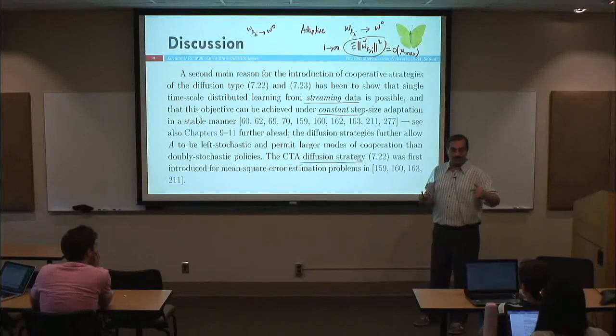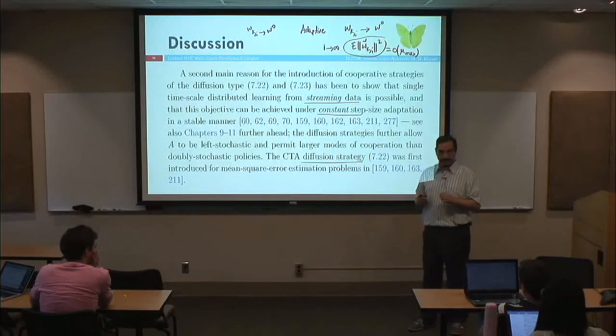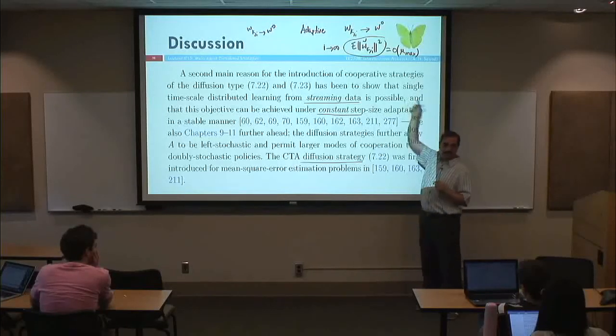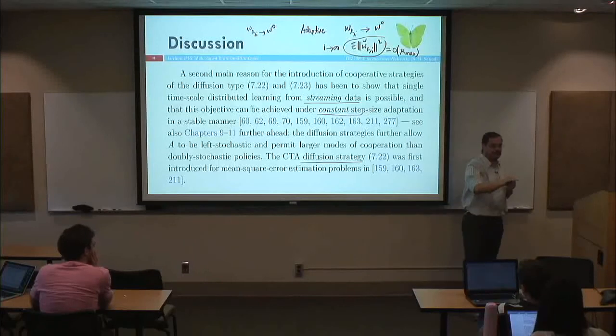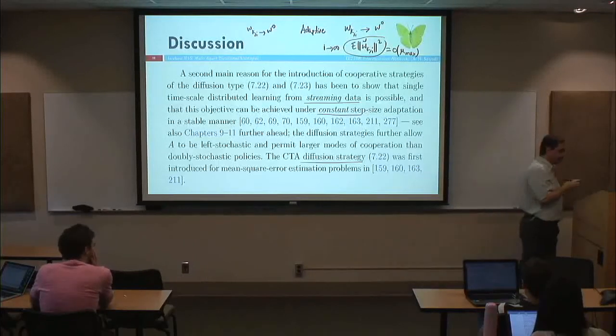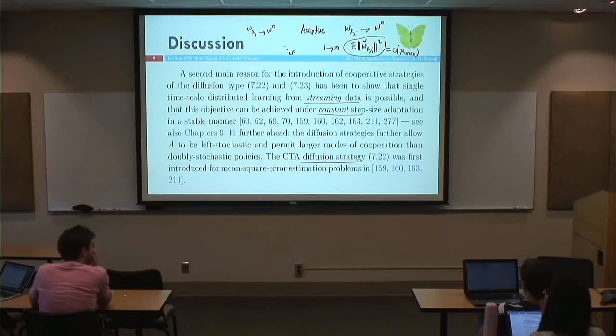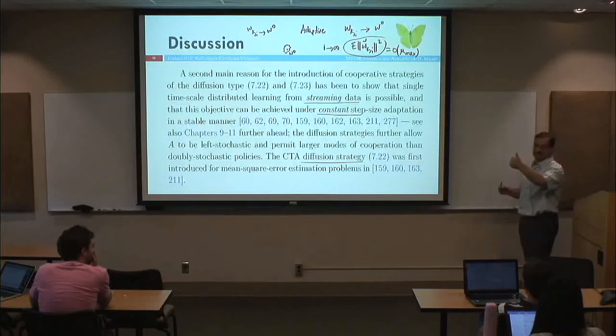All you can ensure is that all of them will get very close to omega 0, and you can quantify how close. All of them will get uniformly close to omega 0. If this is omega 0, they will drift around omega 0, and the size of the variance of that error will be of the order of the step size.